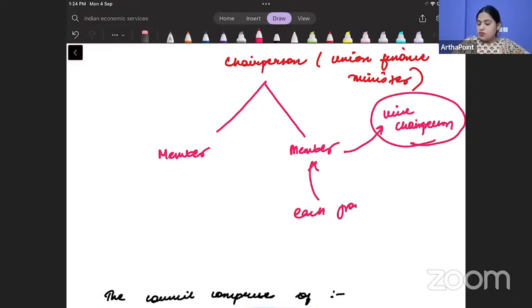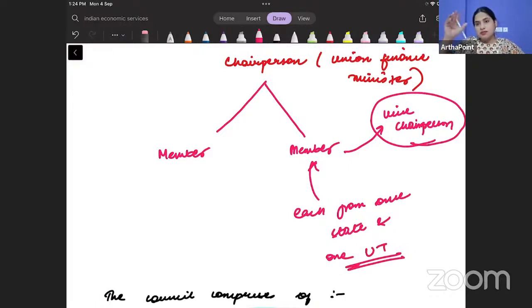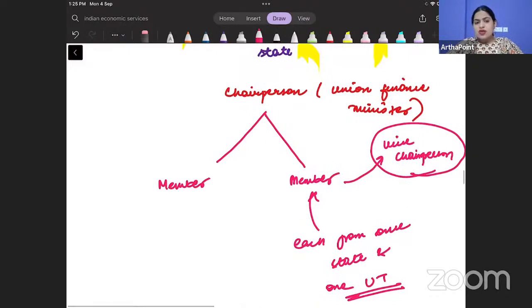Each from 1 state and 1 union territory. तो हर स्टेट और हर यूनियन टेरिटरी से हमारे पास एक मेंबर आएगा, right? So this is how we can say that this is distributed. So again, there are multiple ways for you to do this. आप चाहो तो एक इतने से डायग्राम से भी इसको याद कर सकते हो, और आप चाहो तो पूरा कॉम्पोजिशन ऑफ जीएसटी को बड़ा सा अलग से बना सकते हो, up to you.